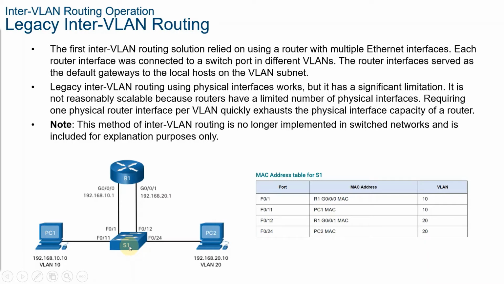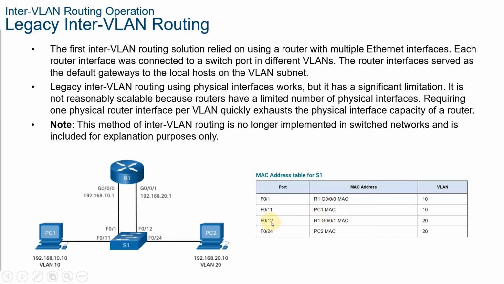Notice in the example MAC address table of switch 1, it is populated as follows. The Fa0/1 port is assigned to VLAN 10 and is connected to the R1 G0/0/0 interface. Fa0/11 is also assigned to VLAN 10 and is connected to PC1.